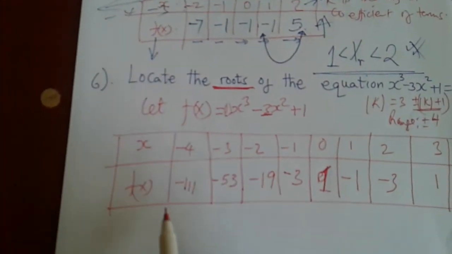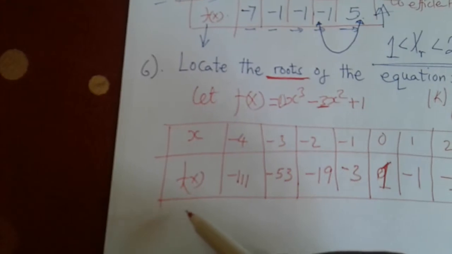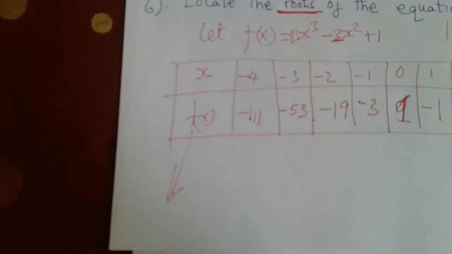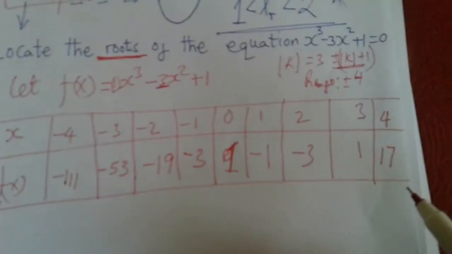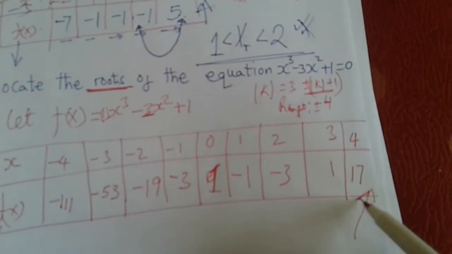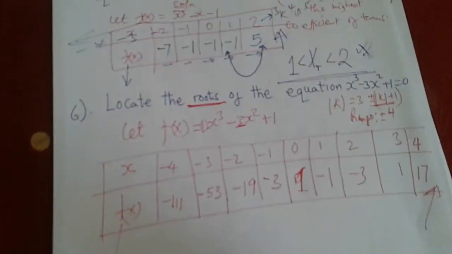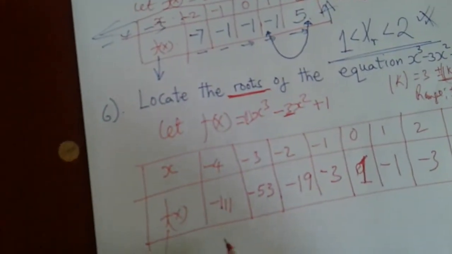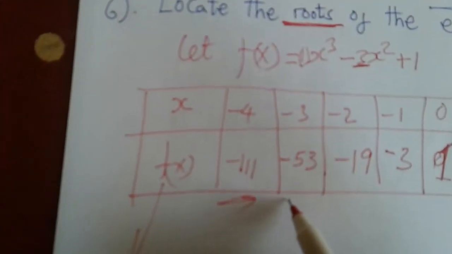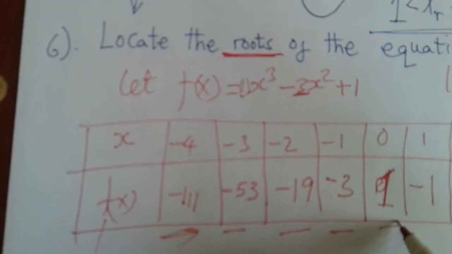Clearly you will see that when we go to values less than -4, f of x will be smaller. If you put values of x more than 4, f of x will be larger. Therefore, you will see that in the table we go from negative, negative, negative, negative, then we enter into positive.